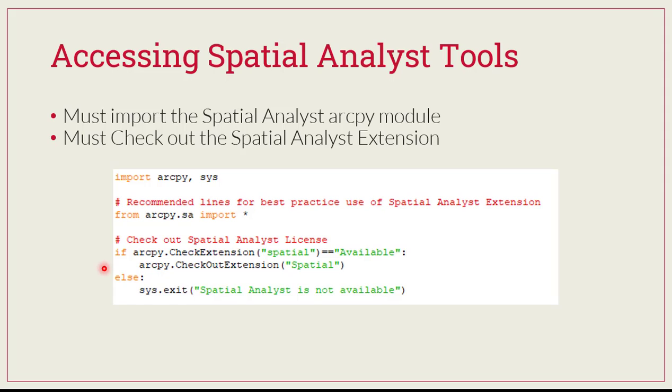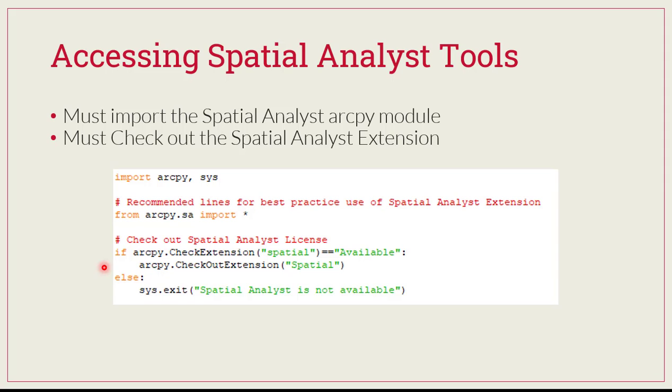Next, you need to check out the extension. This is always a good way to first make sure you have the extension available to you to check out. At a university, we will typically have unlimited numbers of most extensions to check out. However, in the outside world, organizations typically buy seats of the extensions.